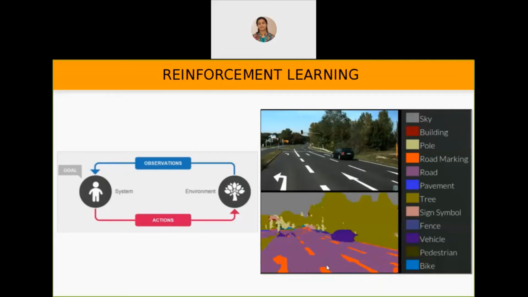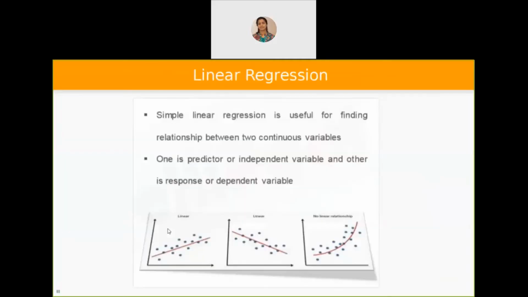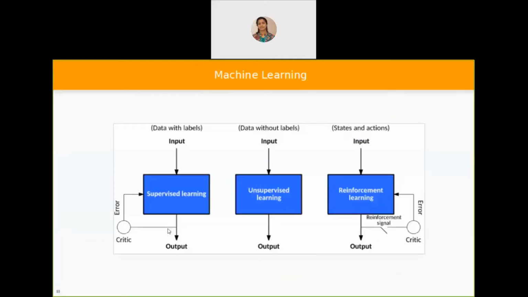Okay, so the next. Right. So we have seen what supervised learning is, what unsupervised learning is, and what reinforcement learning is. In supervised learning, we give the data with labels, and then we get the output based on the known data.